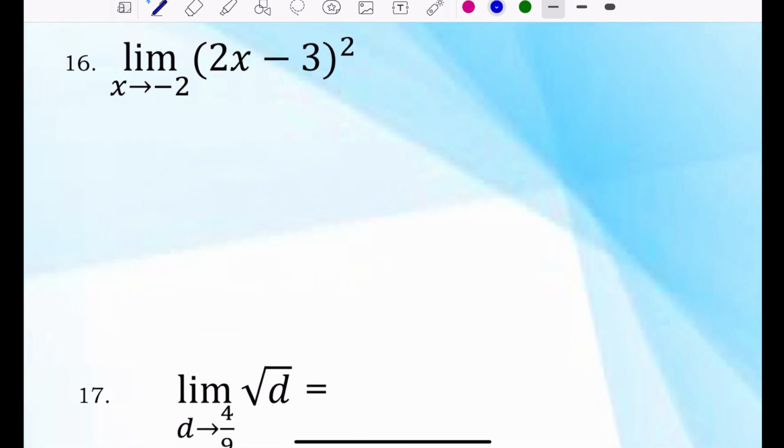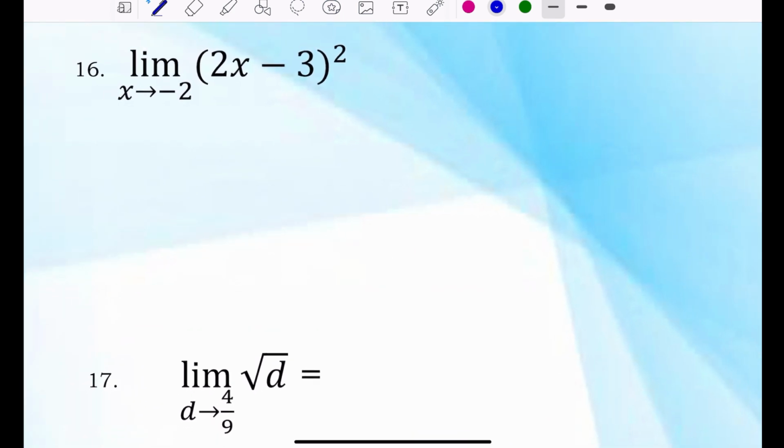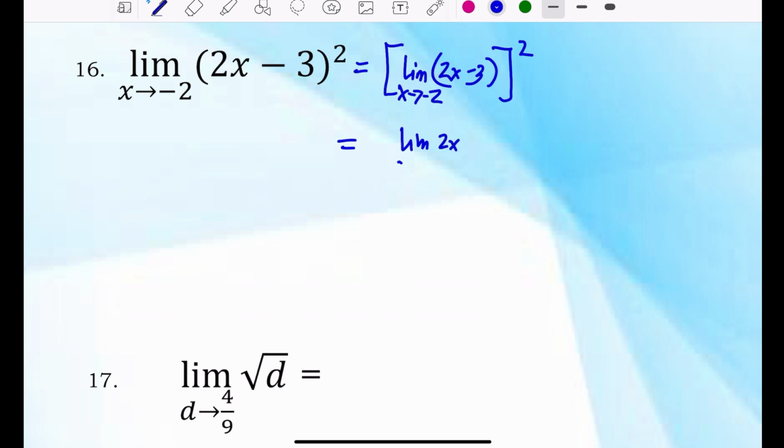16. The limit of 2x minus 3 quantity squared where x approaches negative 2. So this is equivalent now to the limit of 2x minus 3 where x approaches negative 2, squared. So find the limit of 2x minus 3. So the limit of 2x where x approaches negative 2 minus the limit of 3 where x approaches negative 2, this squared.